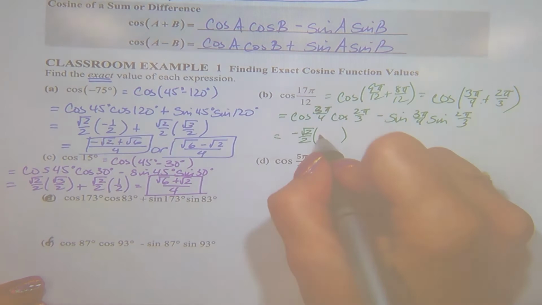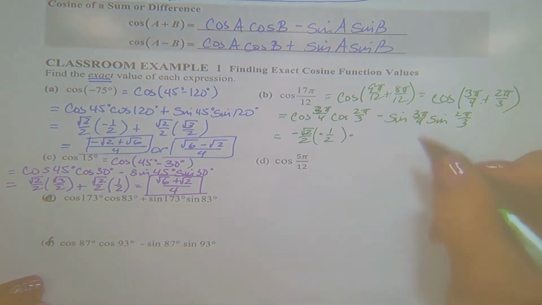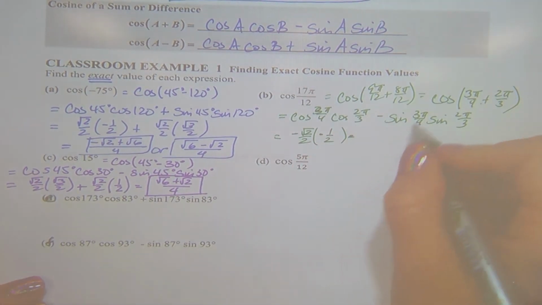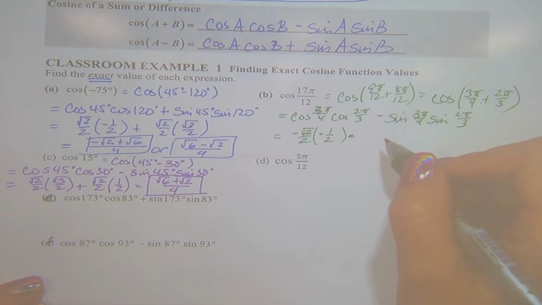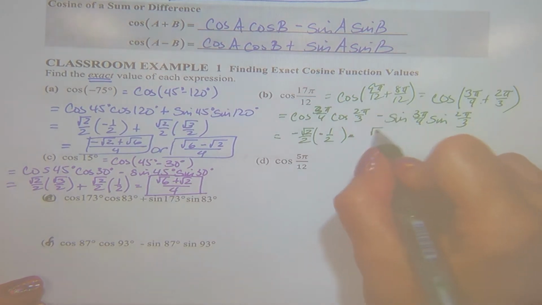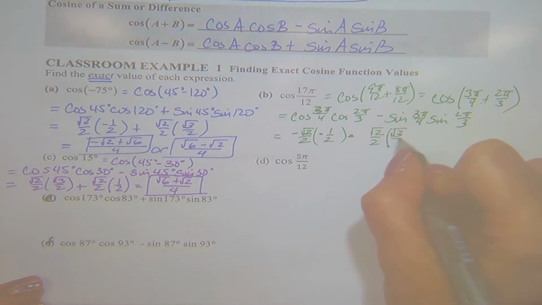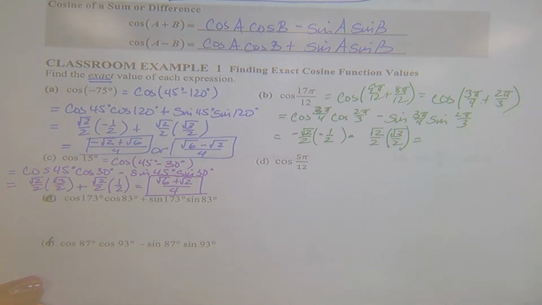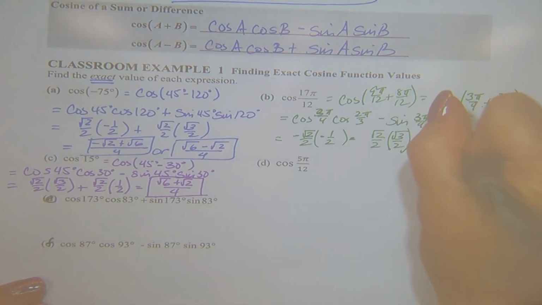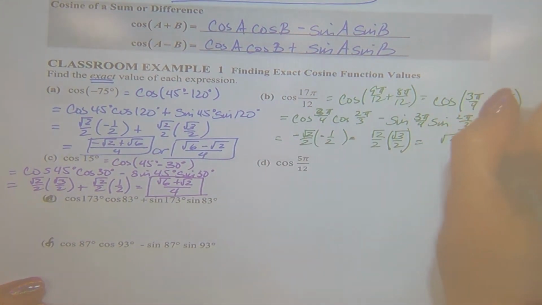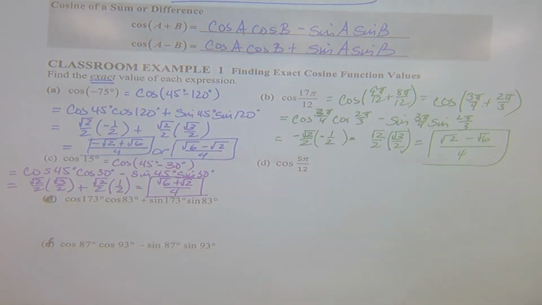Cosine of 2 pi 3rds is a negative 1/2, minus sine of 3 pi 4ths is square root 2 over 2, and sine of 2 pi 3rds is square root 3 over 2. When I put all that together, a negative times a negative is a positive, so I've got square root 2 minus square root 6 all over 4. Again, looks very, very similar to what we had previously.